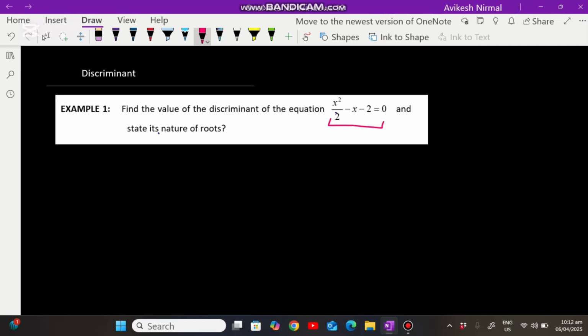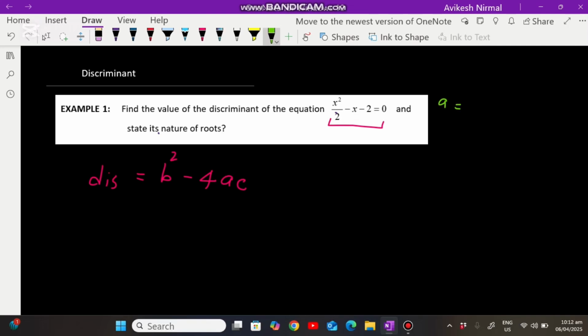As discussed in the previous video, the discriminant comes from the quadratic formula. So we can denote the discriminant by saying discriminant is equal to b squared minus 4ac, and after that we will try to find our values a, b and c.